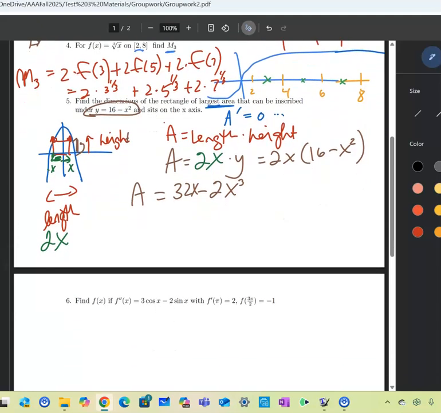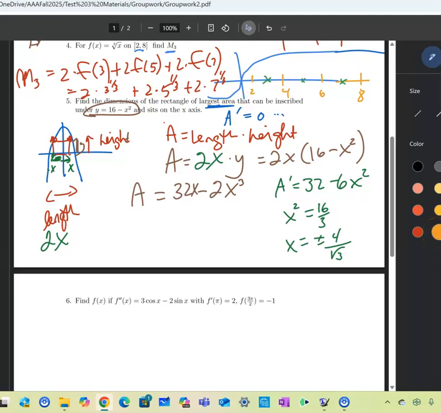So then I'm going to take the derivative. 32 minus 6x squared. I'm going to set that equal to 0. So I get x squared is equal to 16 divided by 3. x is equal to plus or minus 4 over root 3. And I don't care about rationalizing denominators.